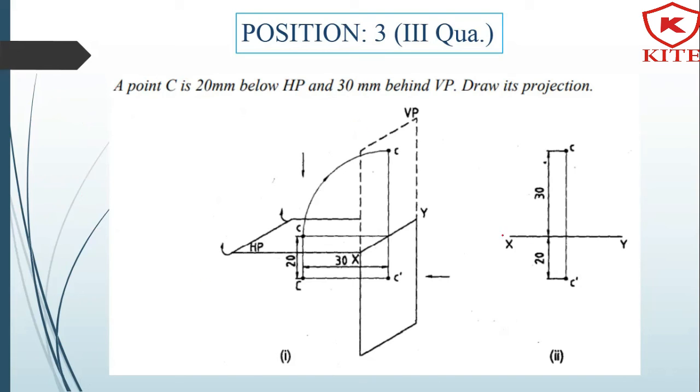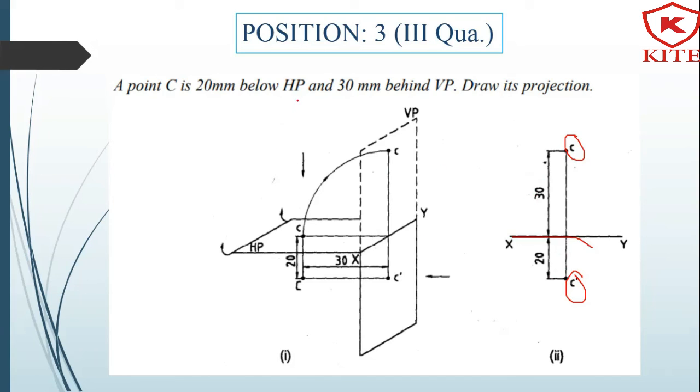To draw this projection, first of all we draw the XY line. We found that my point is in the third quadrant. So in the third quadrant, the C dash point, or my front view, is below the XY line, and my top view is above the XY line.